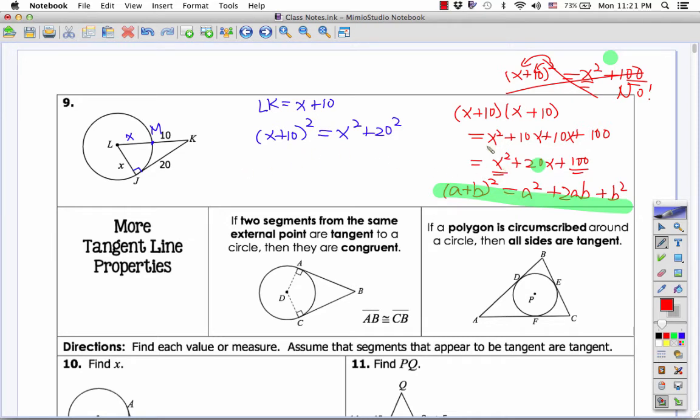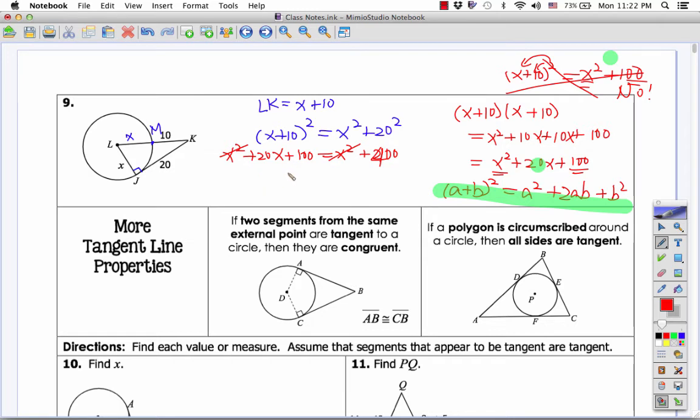So now we bring this back here. Since I've distributed this already, I'm just going to write it out. Notice that 20 squared, that's 400. Now I can minus x squared on both sides. And then I do a little bit more algebra.